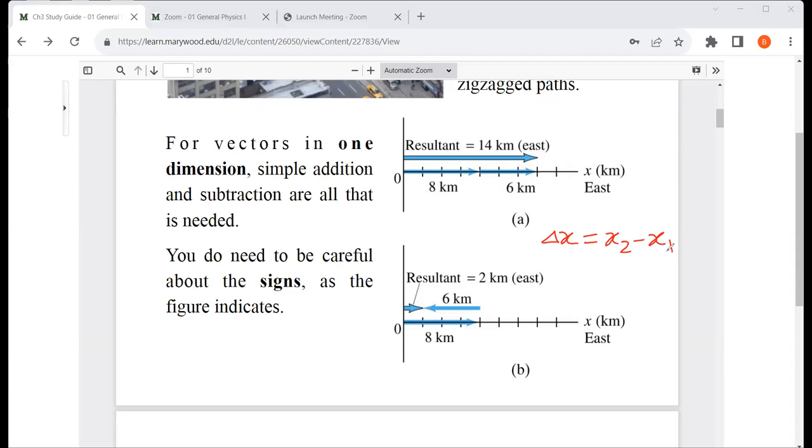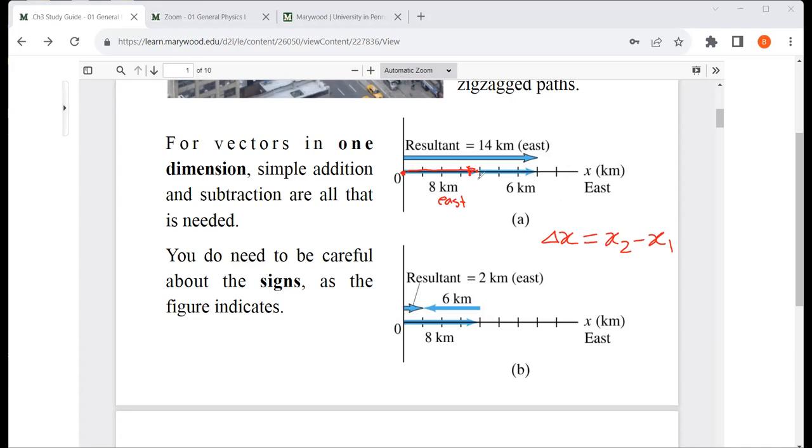Okay, so let's say that I started from the origin at this point and I walk 8 kilometers. Okay, so for this part, this is my initial position, this is my final position. So the displacement here is 8 kilometers east. Okay, because I am walking to the east.